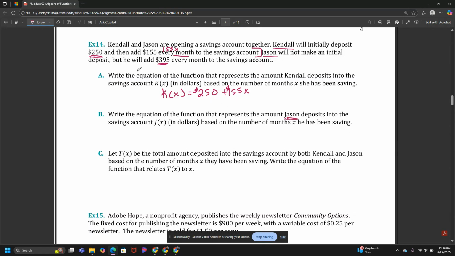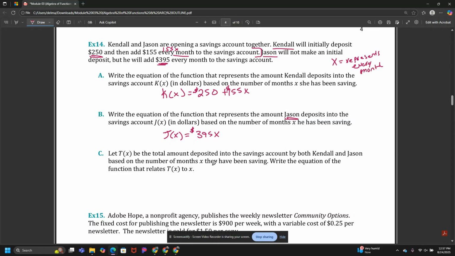Well, since Jason doesn't make an initial deposit, but that he puts $395x every month, okay? And x represents every month.